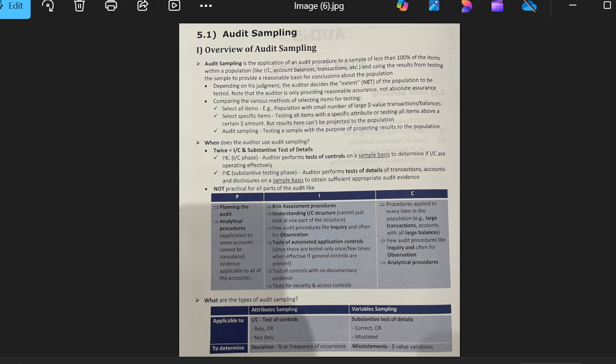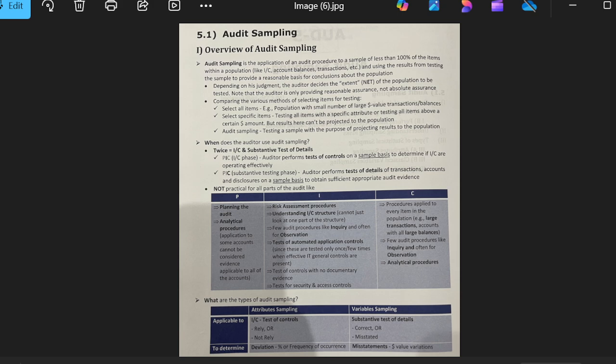In the test of controls, the auditor doesn't verify the numbers, but tests the operating effectiveness. So whether the procedures and controls are in place or not, and whether they are reliable or not, is tested in attribute sampling, which is applicable for internal controls testing.